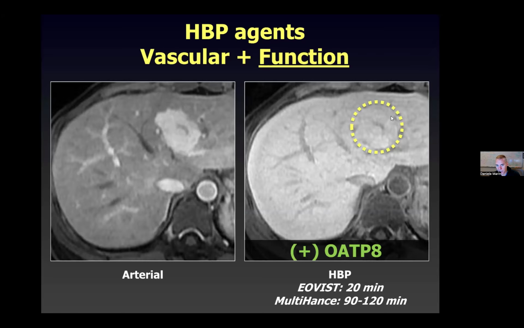And you can see that the lesion becomes basically iso to hyperintense on these hepatobiliary phase images. And this is related to the presence of these normal OATP transporters on the surface of the hepatocytes within the focal nodular hyperplasia. We will see this is a very important differentiating finding from hepatic adenomas and HCC.